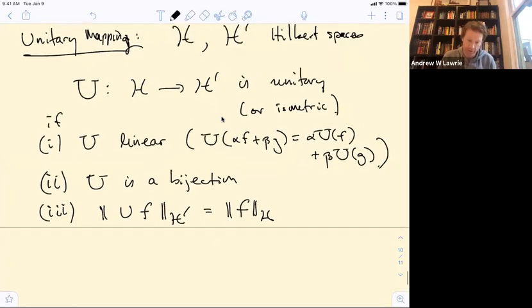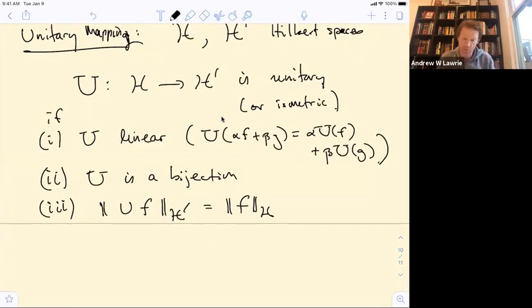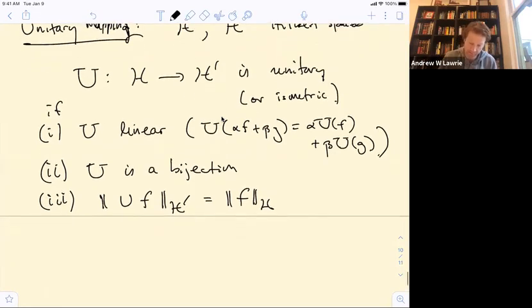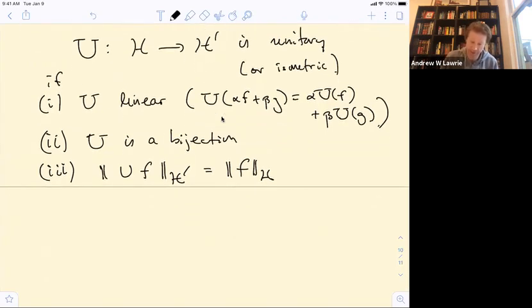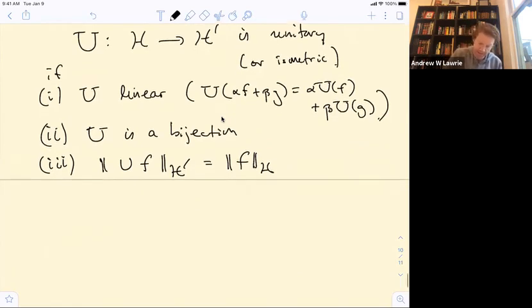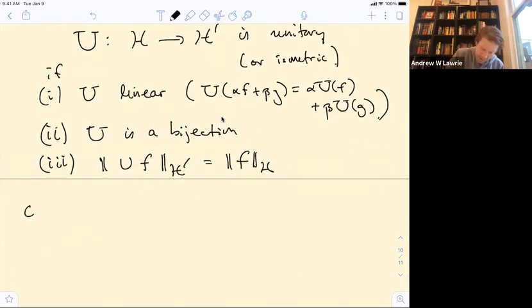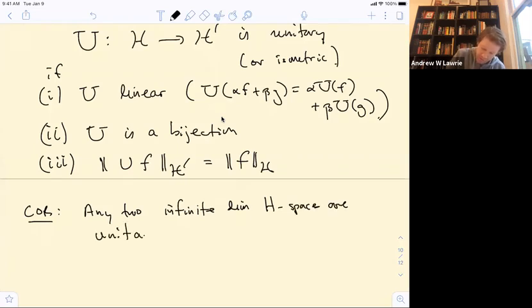Okay, so this is the notion of a unitary mapping. It's a linear norm preserving bijection, and the corollary to the theorem we just stated about finding a basis is that any two infinite dimensional Hilbert spaces are unitarily equivalent.